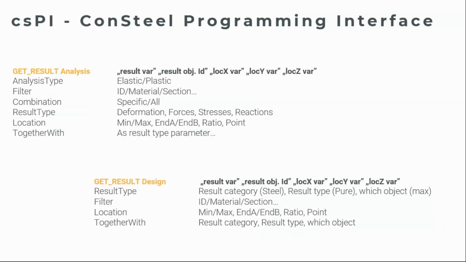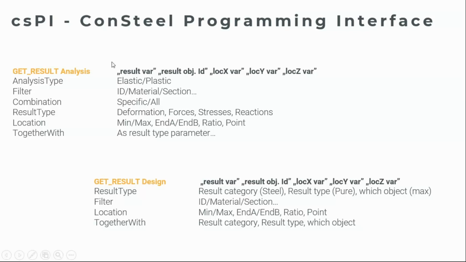And then we have two more commands, the get results analysis and the get result design command. As you can see, this is the syntax for the command. In the first line next to the command you see these bold texts.